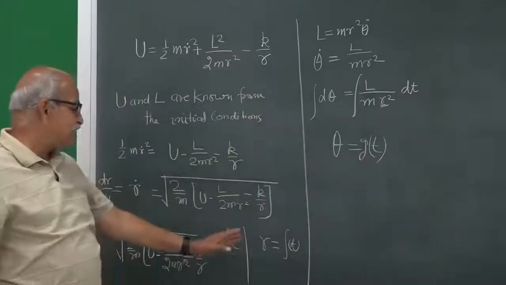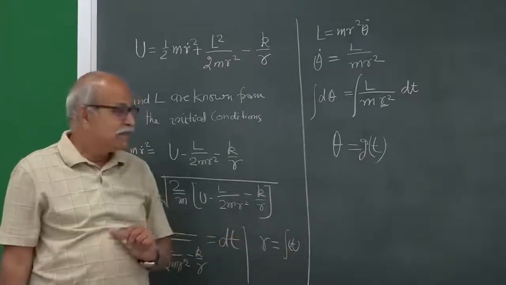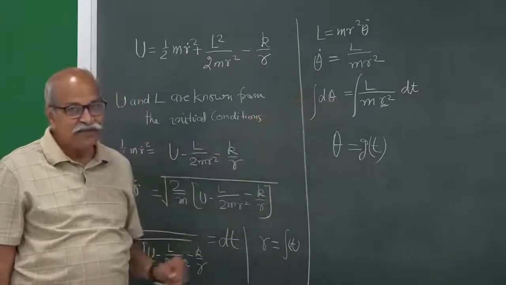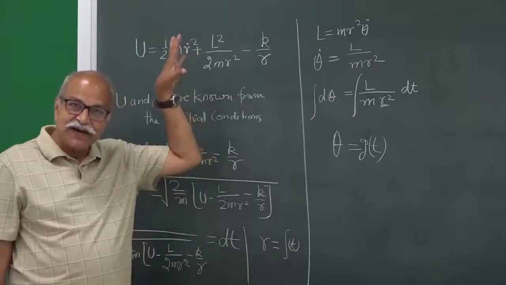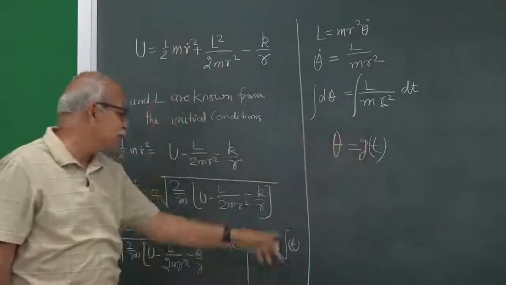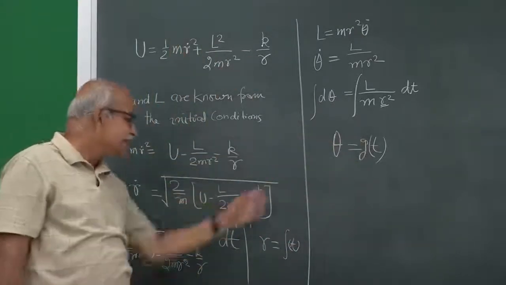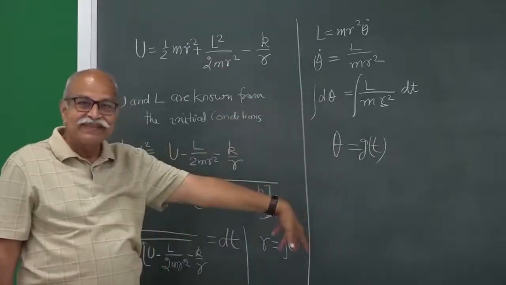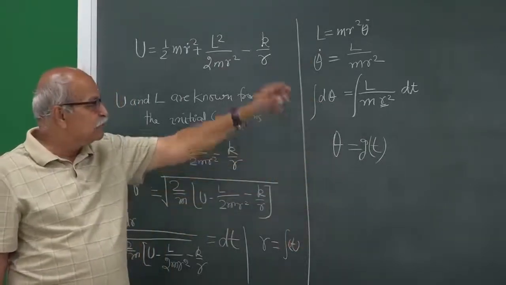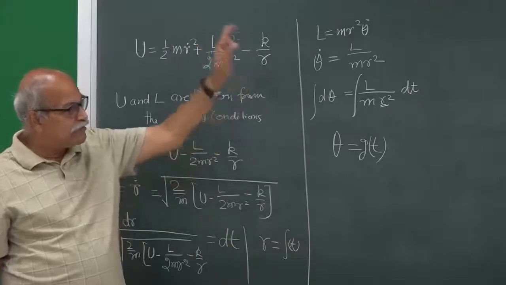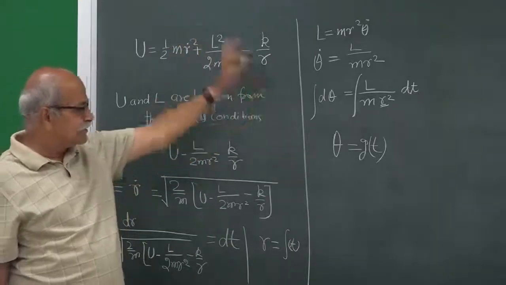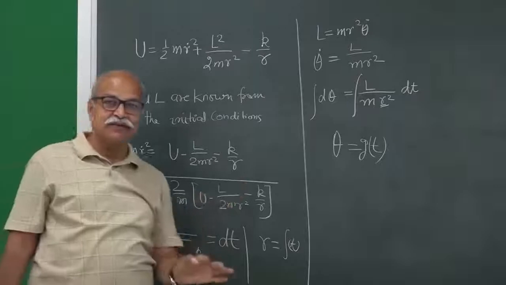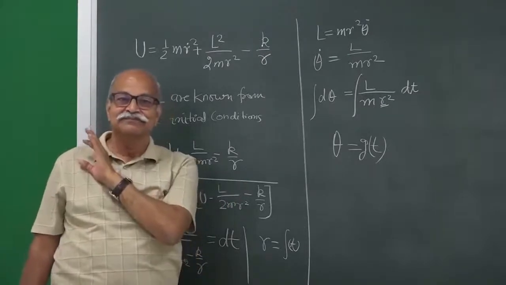So, now you have r as a function of time, you have theta as a function of time. You do have initial values of r and theta, you can put t equal to 0 and those values to get any integration constant, and therefore, you know the path point by point. At this time the particle will be here, at this time the particle will be here, at this time the particle will be here, and so on.